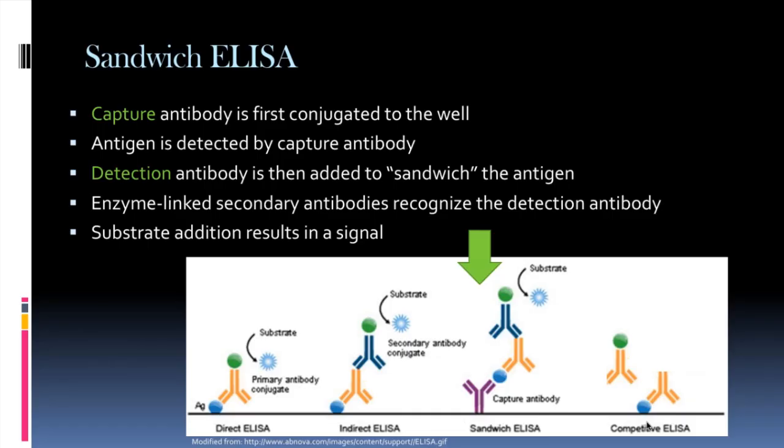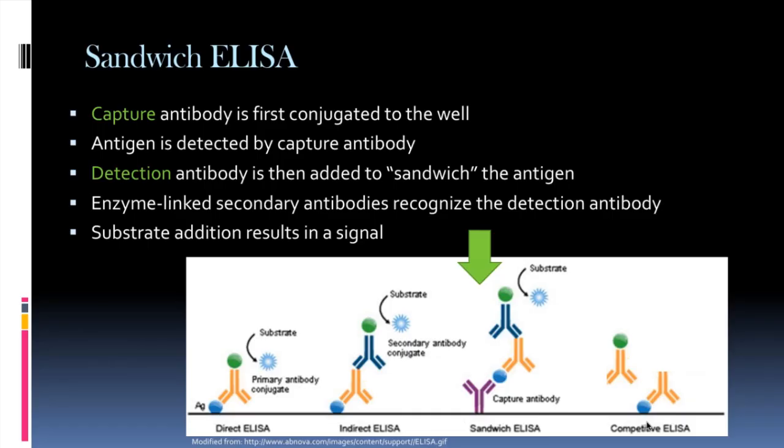Detection, again, can be used either through direct or indirect methods. So if you are doing a direct sandwich ELISA, you would then add a detection antibody, which is shown here in orange, and that antibody would be enzyme linked. In this case, it's showing an indirect detection for a sandwich ELISA. And so you have the primary antibody added, or the detection antibody added in orange, and then you also have that blue secondary antibody, which is enzyme linked, that is also added.